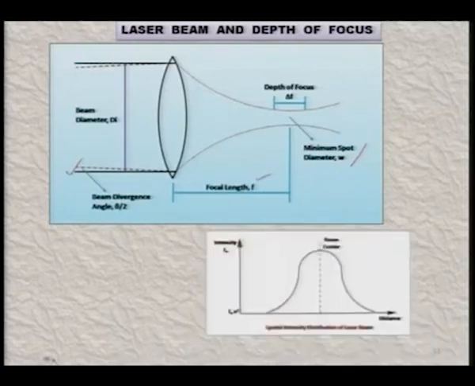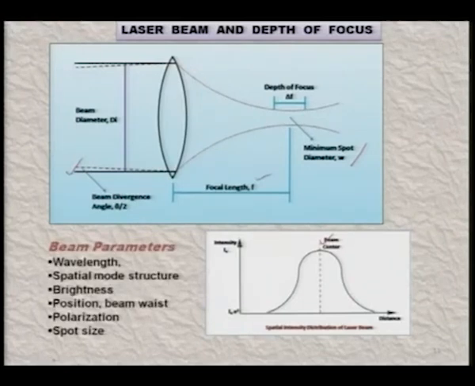Another point to be looked into is that if you take the cross section of this beam at the focal point, you will not have the same heat intensity at every point across the cross section of the laser beam. As you can see here, this shows the intensity of the heat across the laser beam. It is maximum in the center and decreases on either side of the center of the beam.